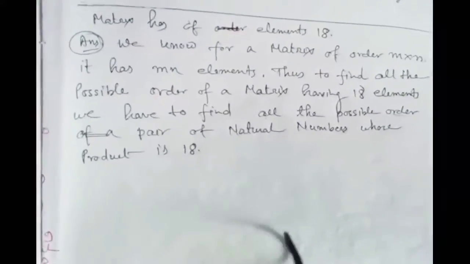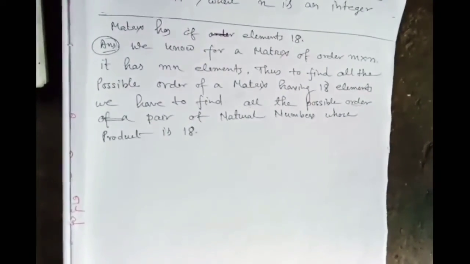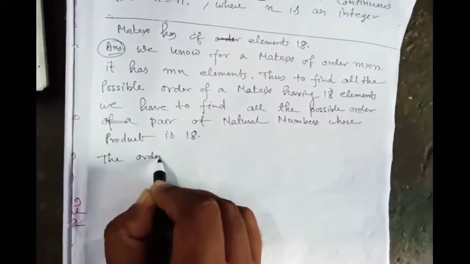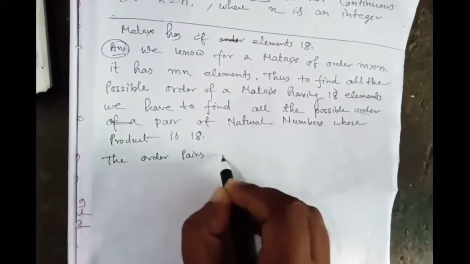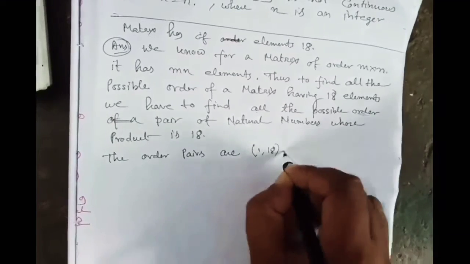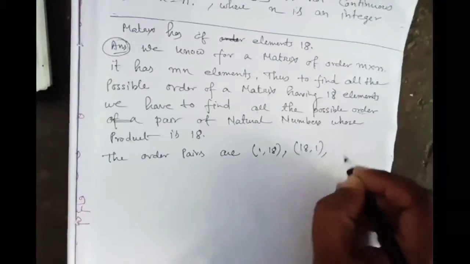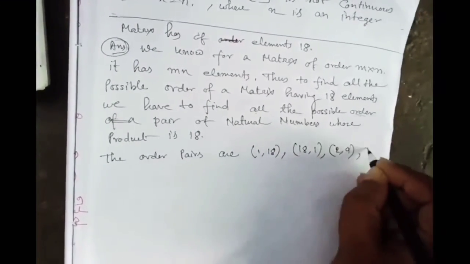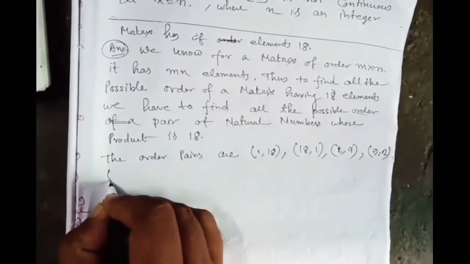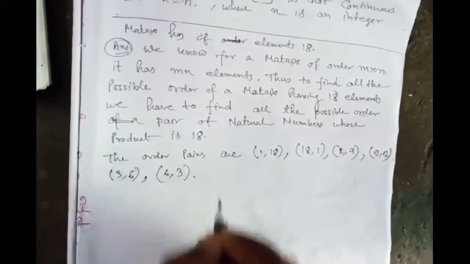Okay, so the order pairs should be 1 comma 18, next 18 comma 1, 2 comma 9, next 9 comma 2, 3 comma 6, next 6 comma 3.